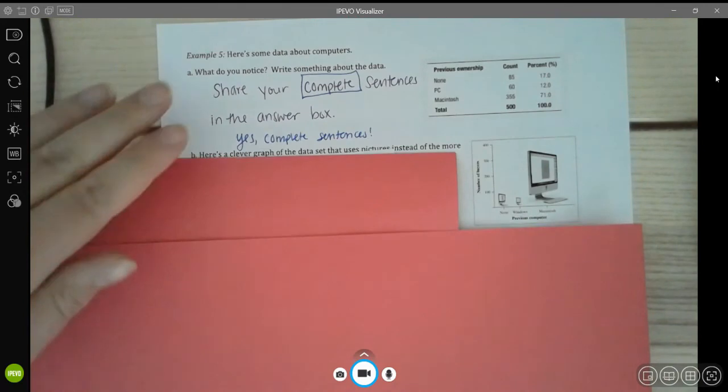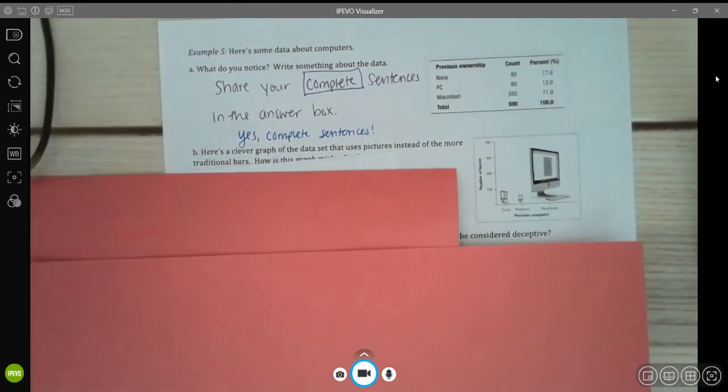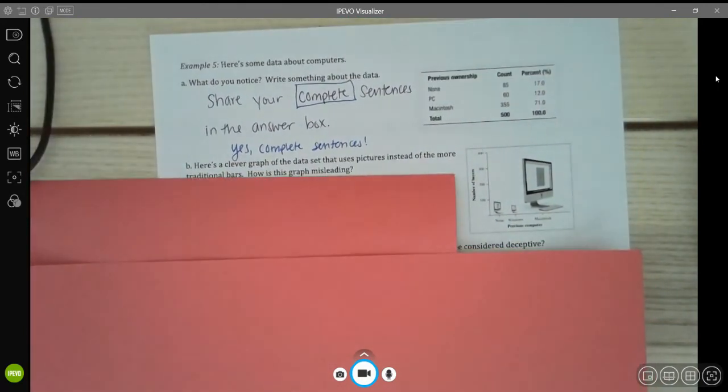They should be, and that's something that's very misleading about this graph. So by using computers and enlarging the Mac computer, they've really misled the audience into thinking that Mac has sold a lot more. Don't get me wrong, Mac has sold a lot more. However, they've really accentuated it in this graph here.